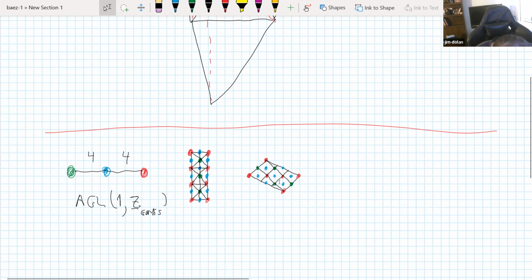There's an annoying thing in the way I drew this second one. I'm using this black color both for the boundary of the shape and also for this other thing. Yeah, I should have made the boundary a different color.